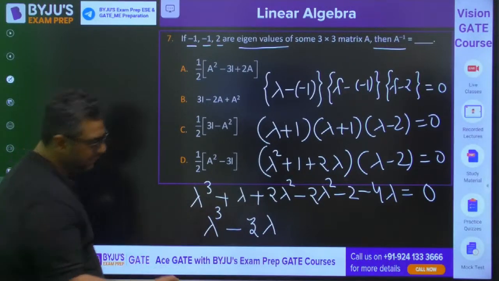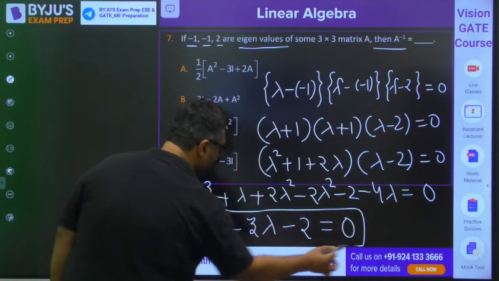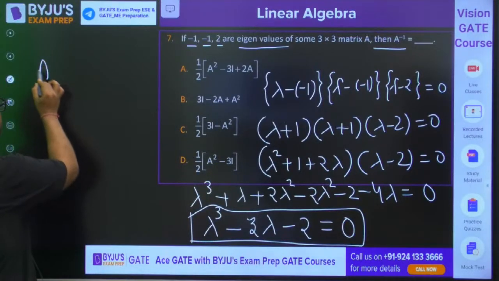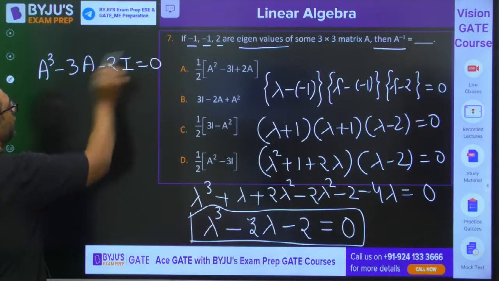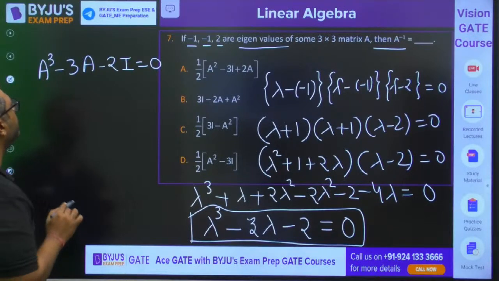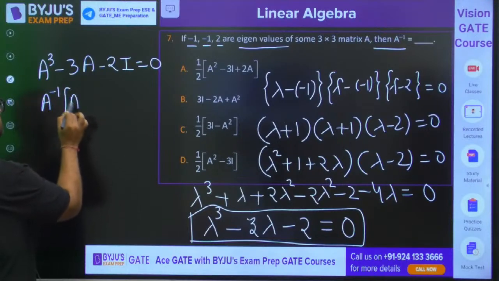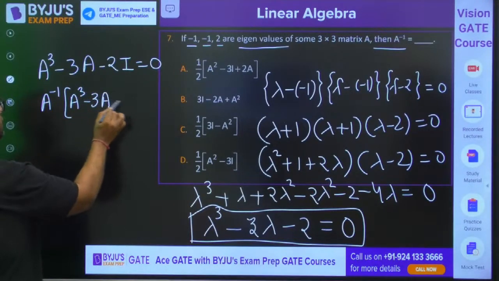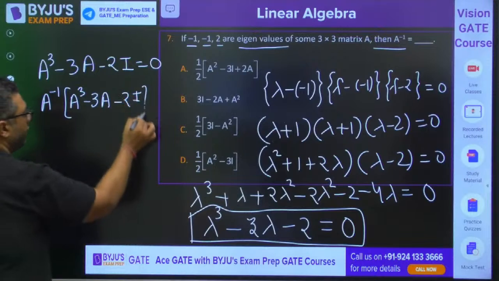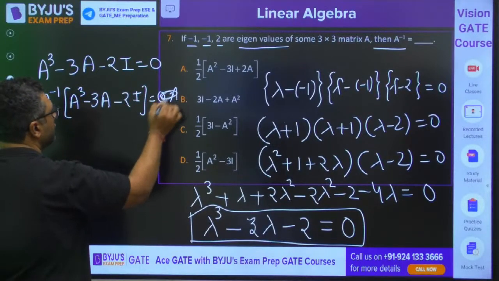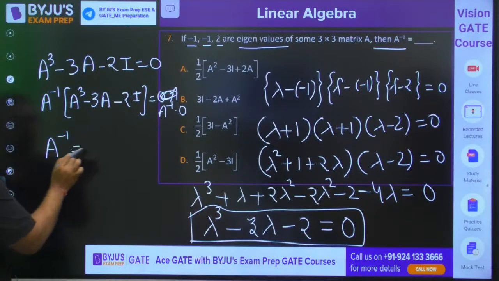Minus 2, yes, minus 2. Once again, the same theorem. A cube minus 3A minus 2I is equals to 0. You need to find out the value of A inverse multiplied with A inverse. Okay. So equate it to 0. 0 is into A inverse also. So you will be finding out the value of A inverse from here.